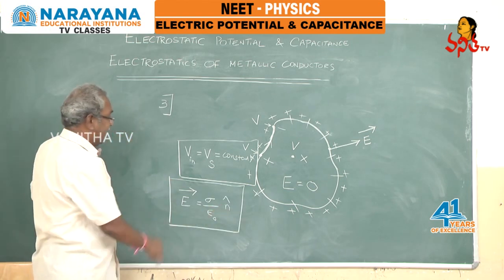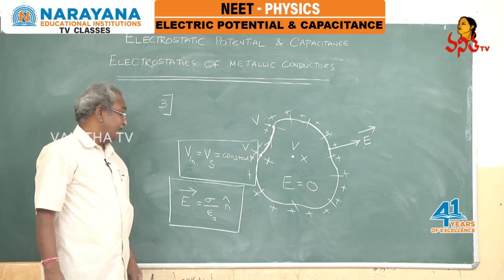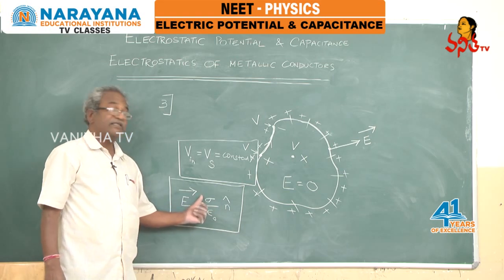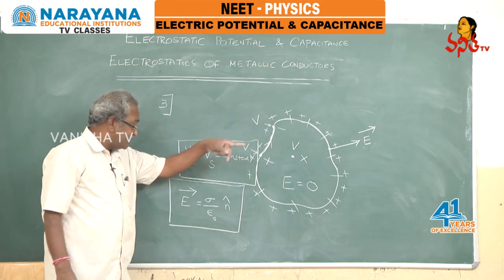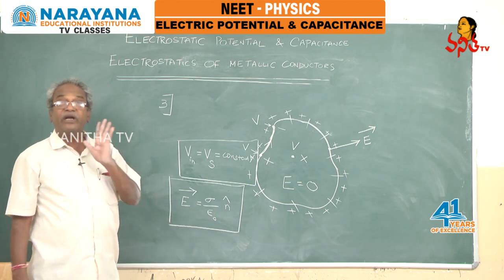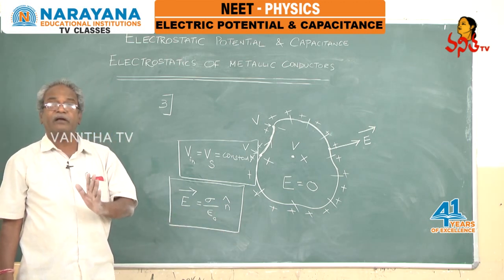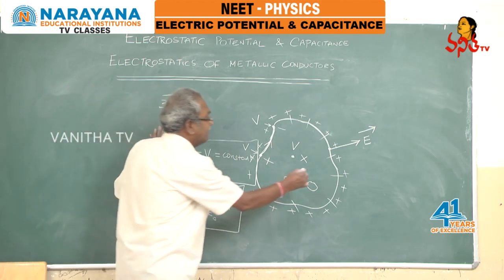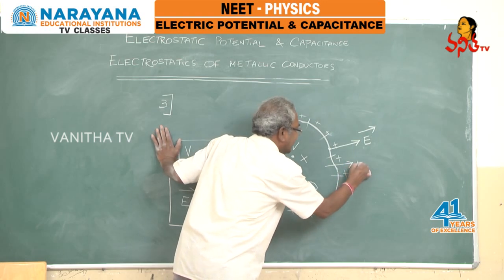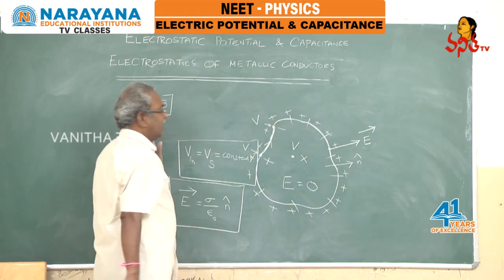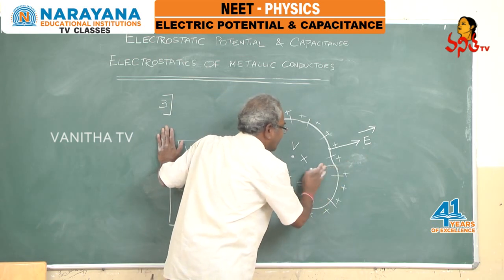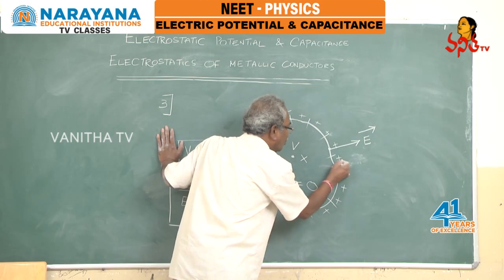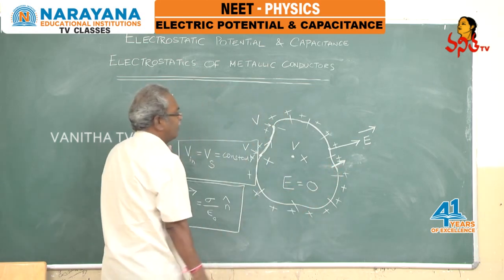Electric intensity at every point on the surface of a charged conductor is sigma by epsilon naught n cap, where sigma is the surface charge density, and n cap is a unit vector normal to the surface and outward from the surface. That is, n cap direction is like this. Unit vector normal to the surface, and it is the outward normal to the surface.